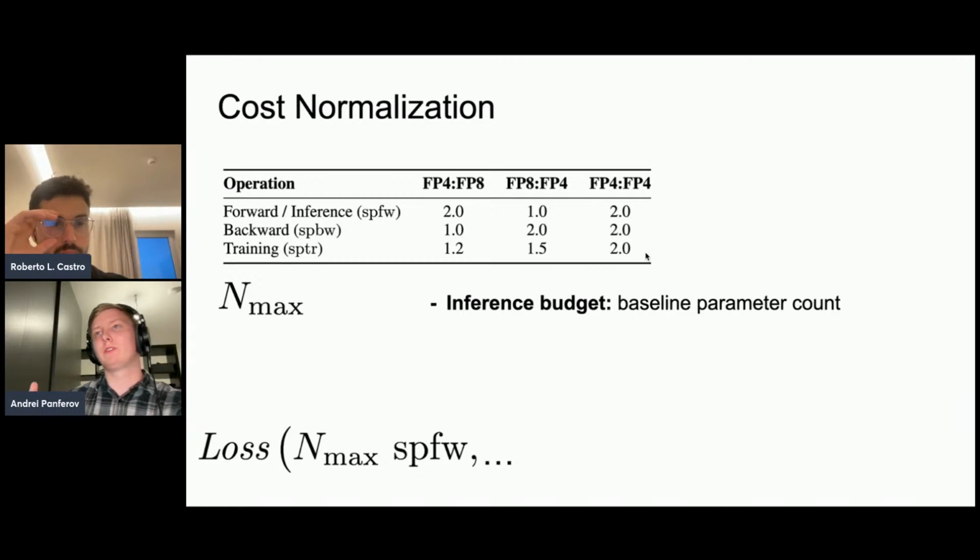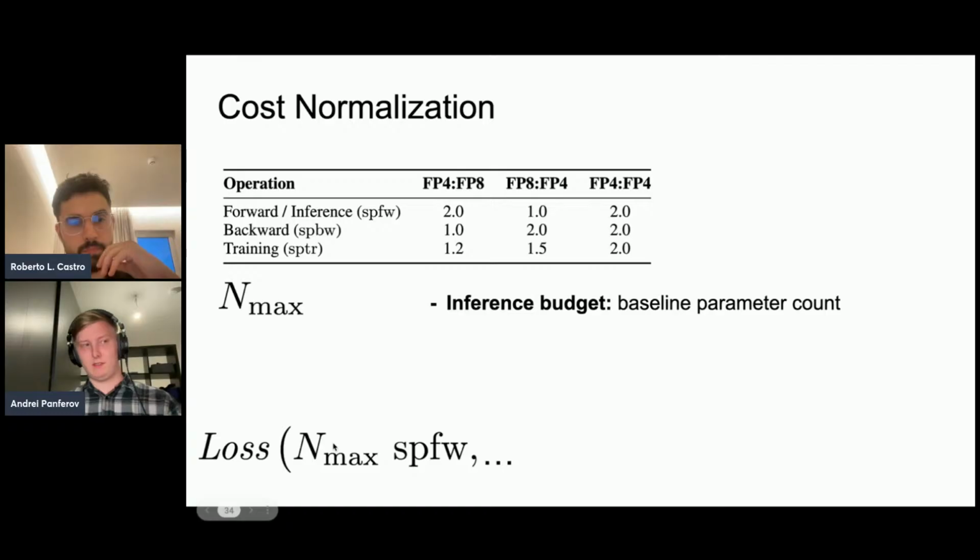And to account for the fact that different precision can have some sort of inference speedup, denoted as P forward here, to the baseline, to have an inference cost normalized model in a different precision, you can pick the parameter count that would be proportional to the speedup, meaning that if your data type is 2x faster, and you want to have a model that runs at the same inference cost as model with nmax parameters in baseline, you can pick a model with 2 times more parameters with 2x faster data type, arriving at exactly the same inference speed.